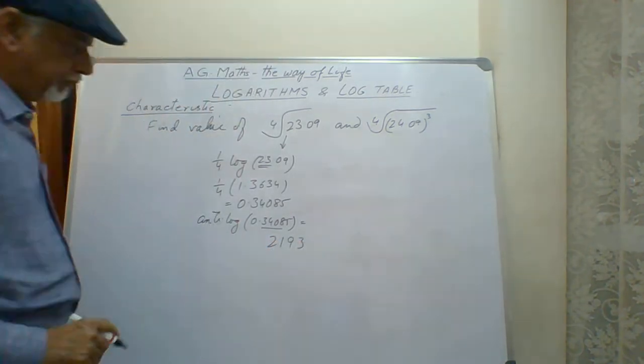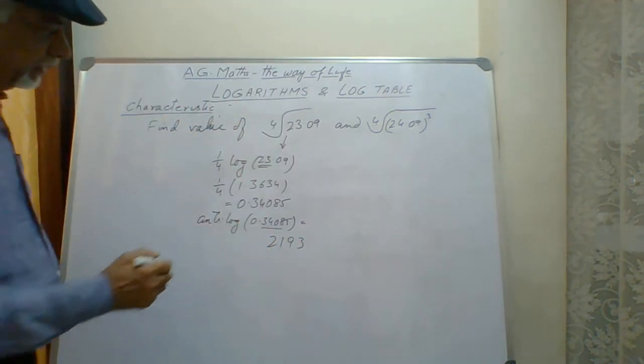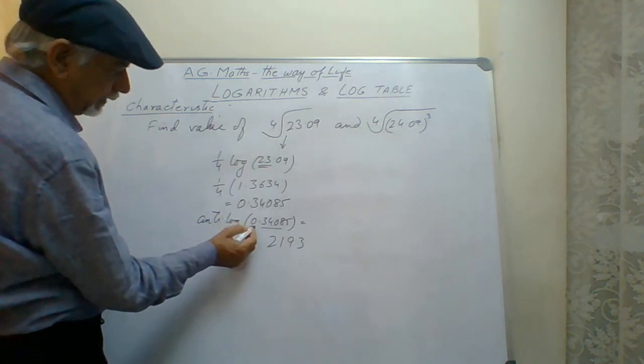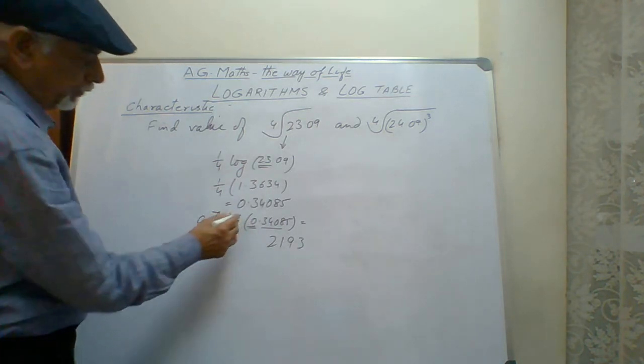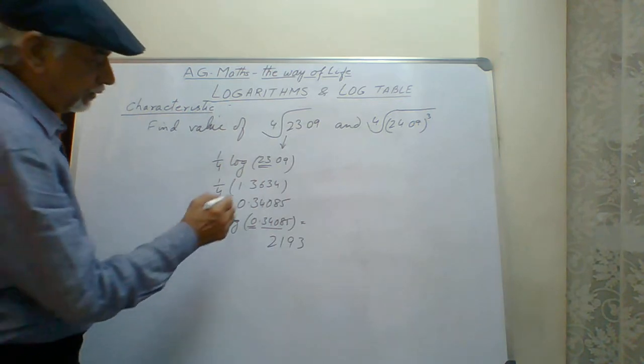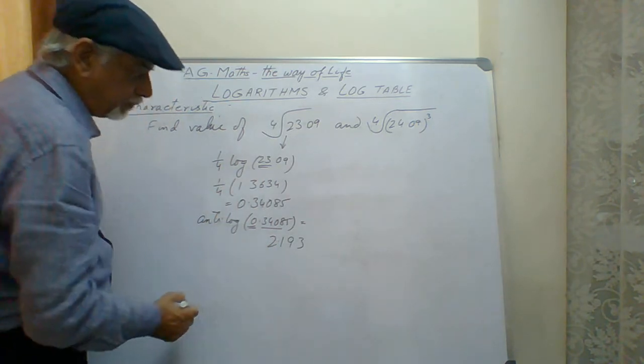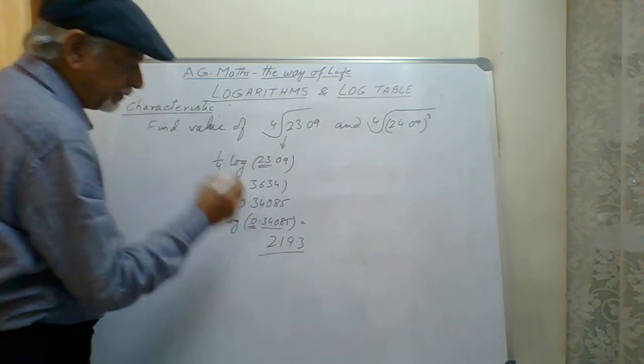This will be in the table. From 2193, I have to put the decimal for the characteristic value of 0. A 0 characteristic only comes if the digit before the decimal is one place. So 2.193 is the answer for this.